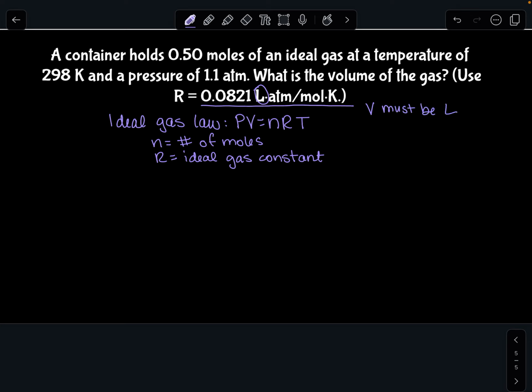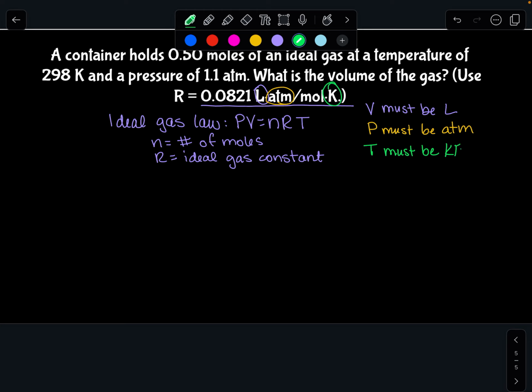I see atm, atmospheres, so my pressure must be atmospheres. And then I see K, which means my temperature must be Kelvin. I tell you this because some of your teachers are going to get really tricky and give you pressure, volume, and temperature units that are not in liters, atm, or Kelvin, and you're going to have to make sure you convert.